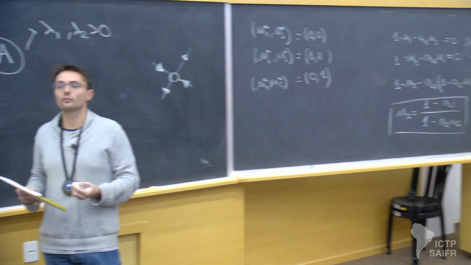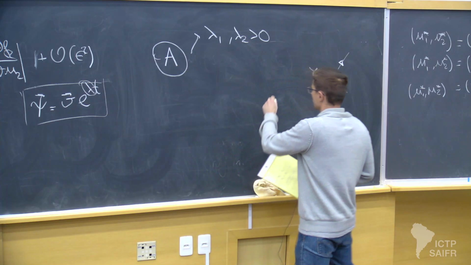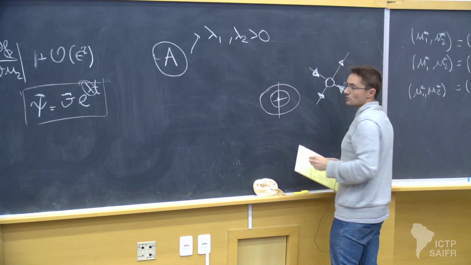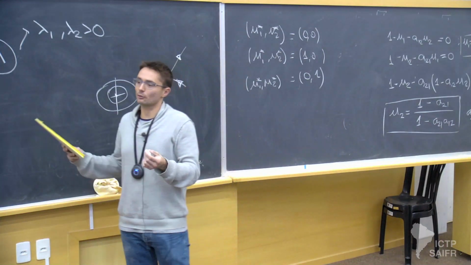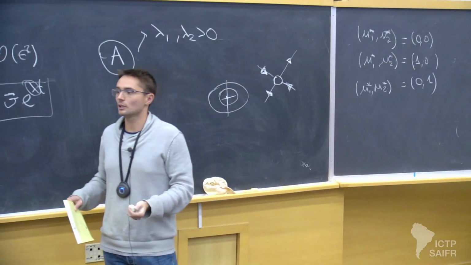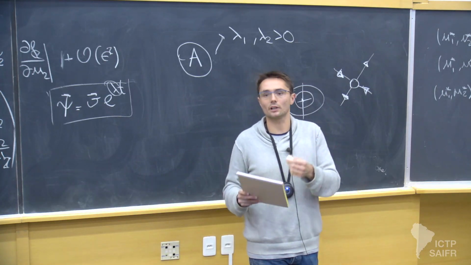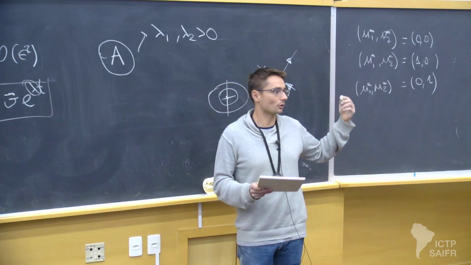And then you have oscillations, so you have your fixed point, and you have oscillations around it. Or they may have a real part that is positive or negative, and if the real part is negative, you have oscillations that decay, and if your real part is positive, you have oscillations that explode.